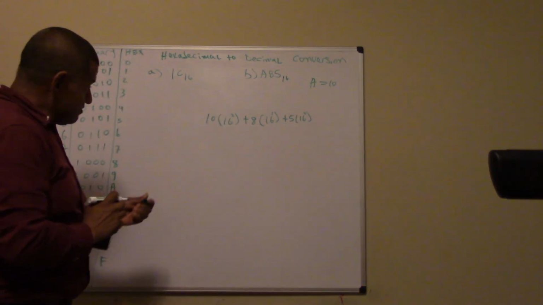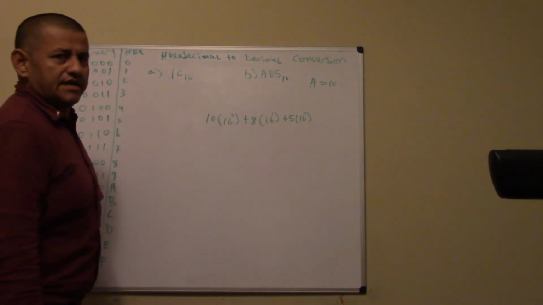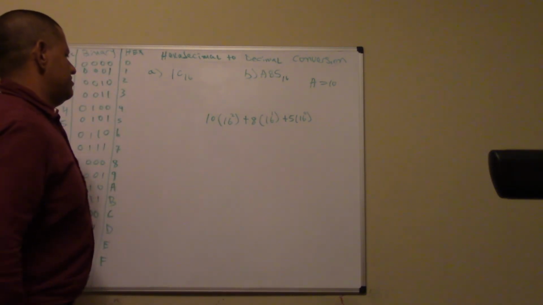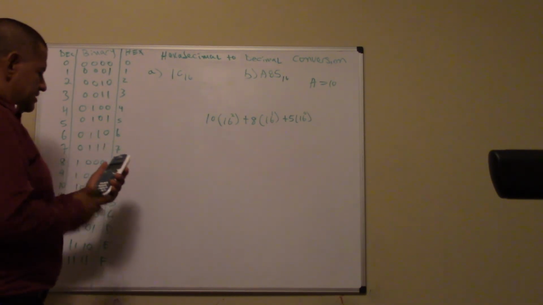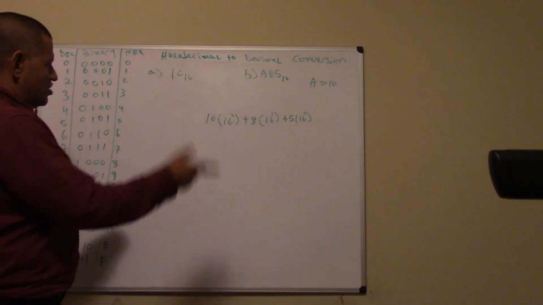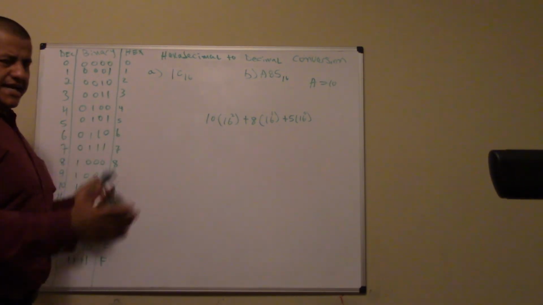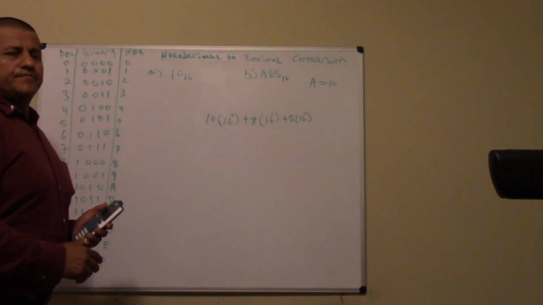Now if I do this math, look how less messy, right? It's already, right? Because this method is easier. You don't have to do a lot of conversion back and forth. But again, whatever method works for you, go for it, right?